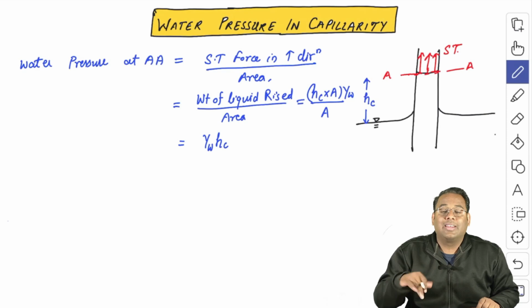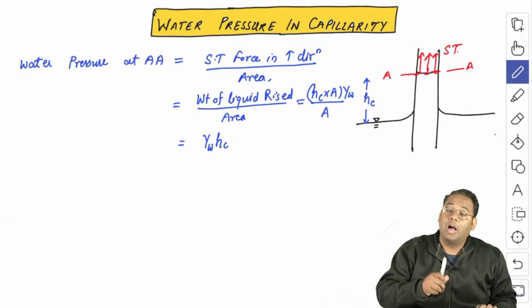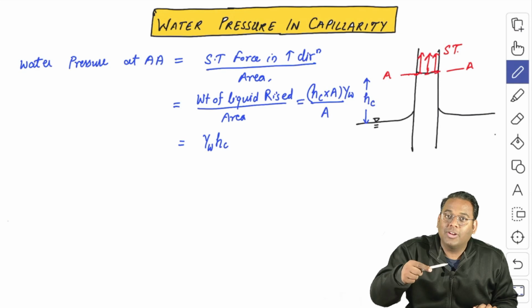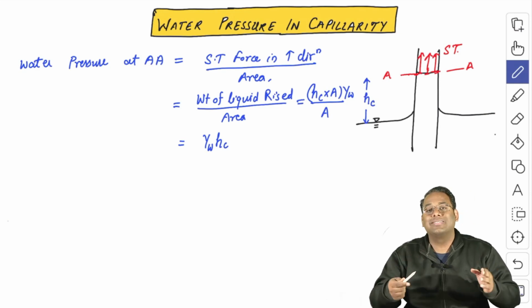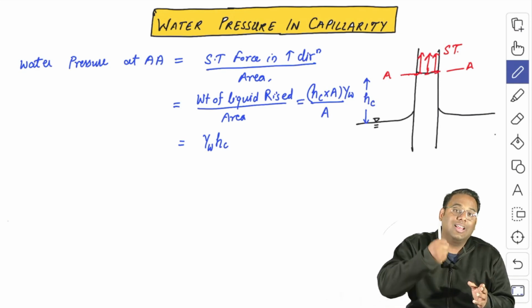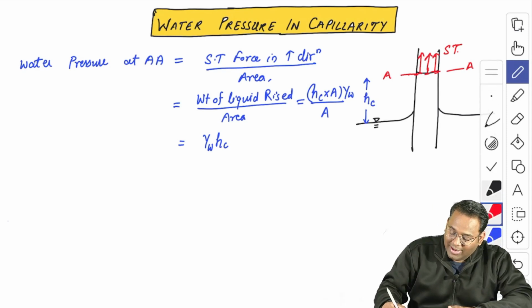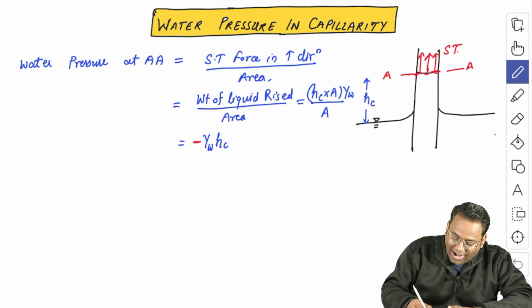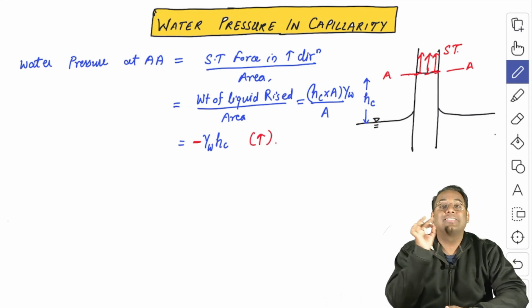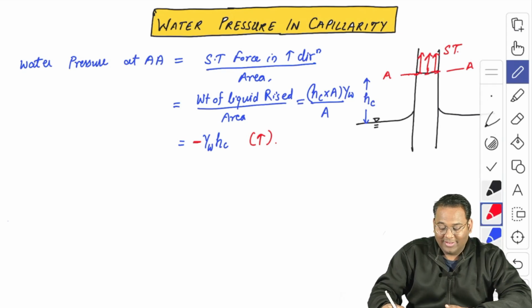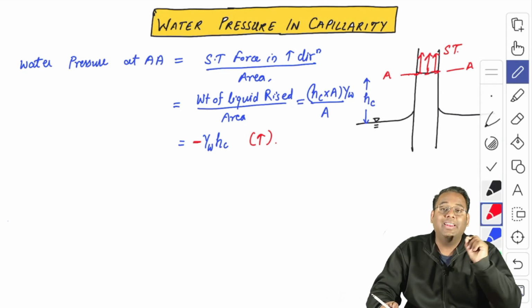But here the surface tension force is acting in the upward direction, and hence for the sign we have to take a negative sign, because this surface tension is in the upward direction. So I am putting a negative sign here, because this pressure is actually in the upward direction. So that is the water pressure at level AA.